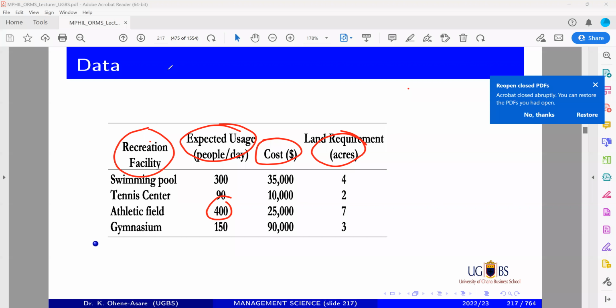So it is being penalized in terms of cost and land, even though usage is high. And the one that has a cheaper cost of 10, that one too is not increasing the number of people. In fact, that one has a smaller land size, but the number is very small. It has the smallest number, the tennis center.